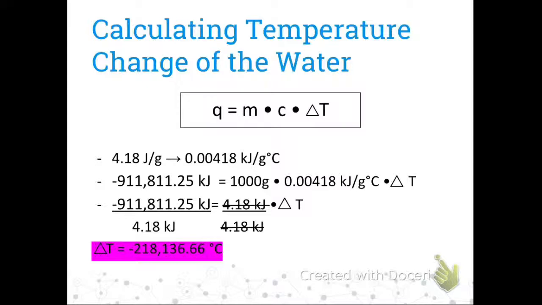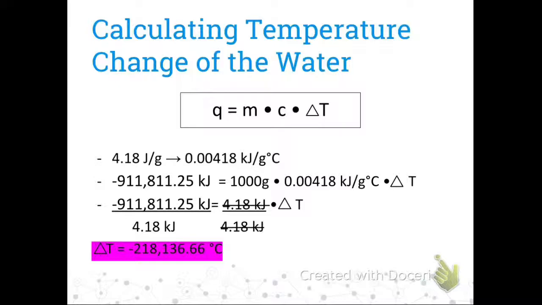So in order to find out the temperature change of the water that surrounds the chamber, we must follow the formula Q equals M times C times delta T. In this case, we are solving for the change in temperature, so we must fill in the rest of the missing information. We must substitute Q with the amount of energy absorbed, which is 911,811.25 kilojoules.